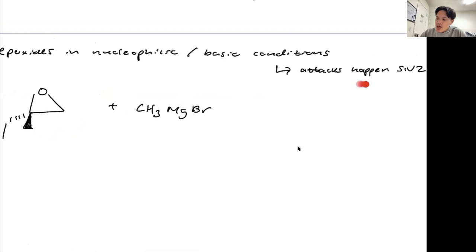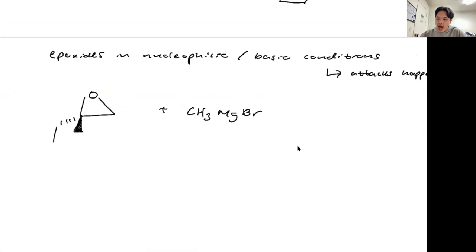So if it wants to happen in an SN2 fashion, it's going to attack the less hindered side, right? You can see how this is the less hindered side because this one has three carbons attached to it. It's a tertiary carbon, right? 1, 2, 3, versus a secondary. Well, this is a primary carbon. So this is going to happen in an SN2 fashion.